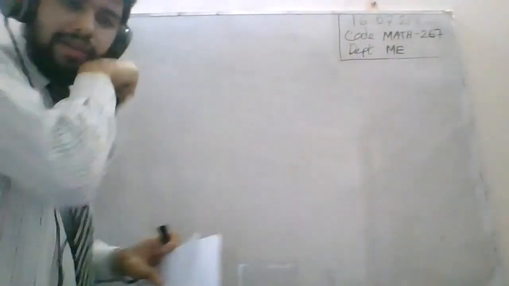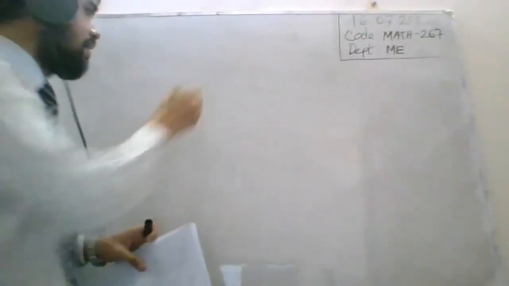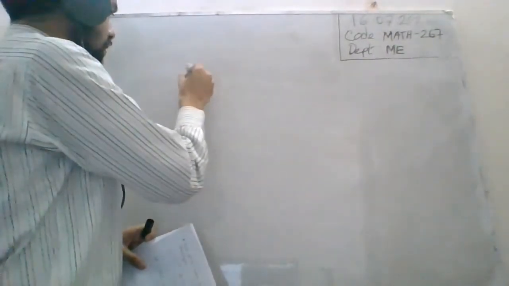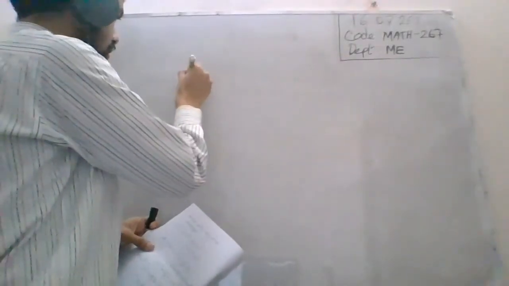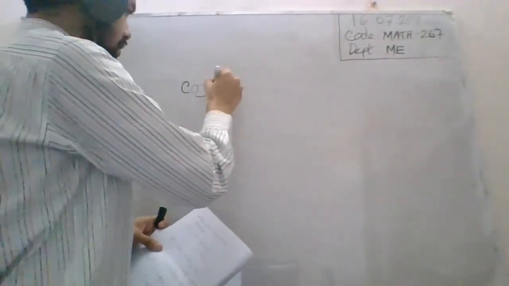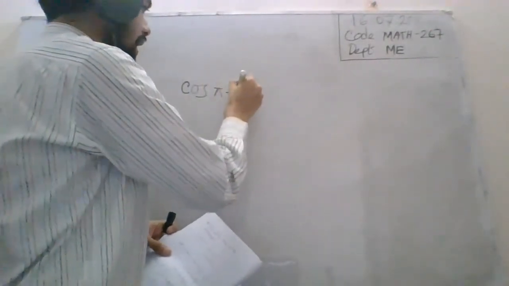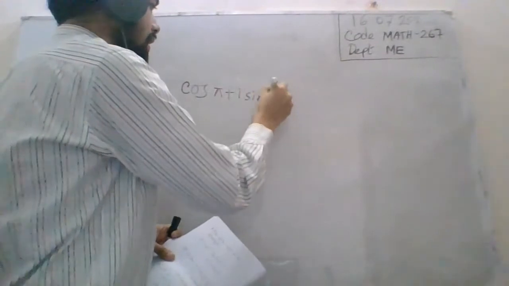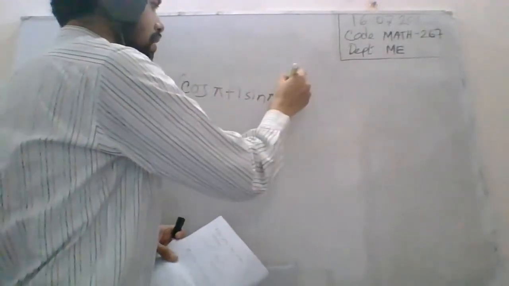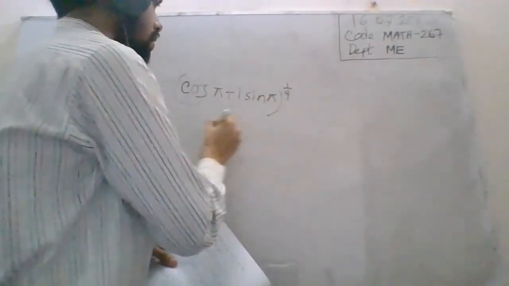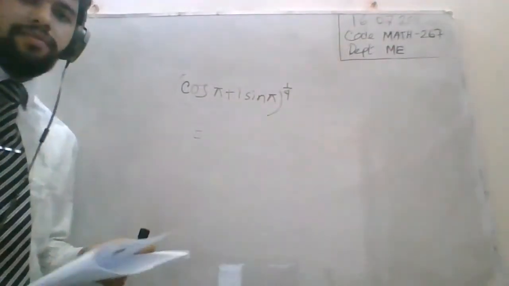Okay, so if I say, (cos pi plus I sin pi) to the power 1/4. So what will this be?